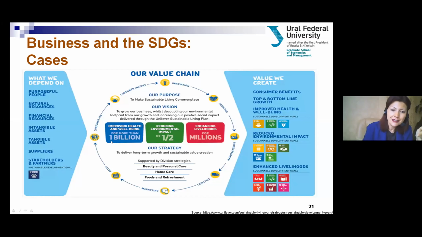And all these SDGs are linked directly to their business. So they reduce environmental impact. That is why in their production facilities, they have in place recycling machineries. They also enhance livelihoods for millions. They introduce a lot of technologies for people. That is why they worked with schools during the pandemic, and they normally have a lot of education projects.